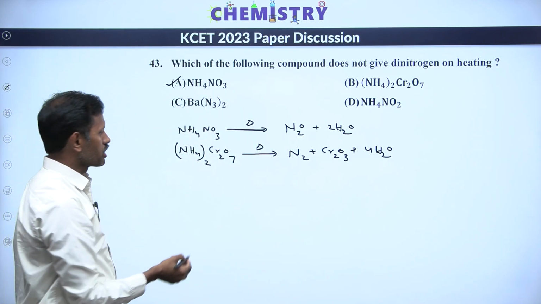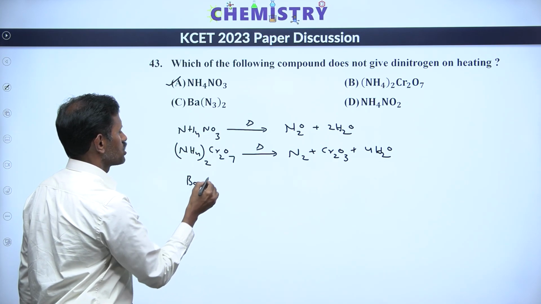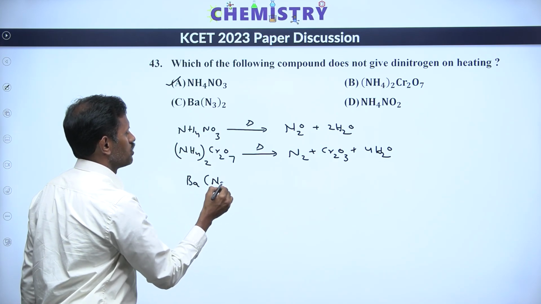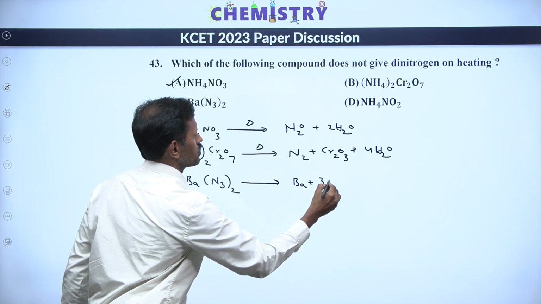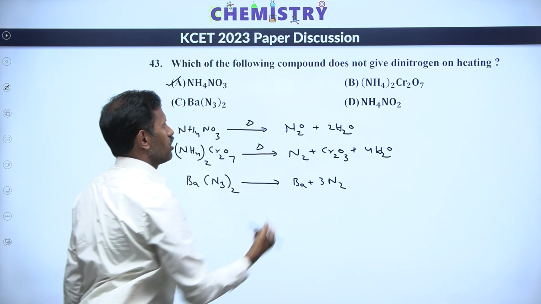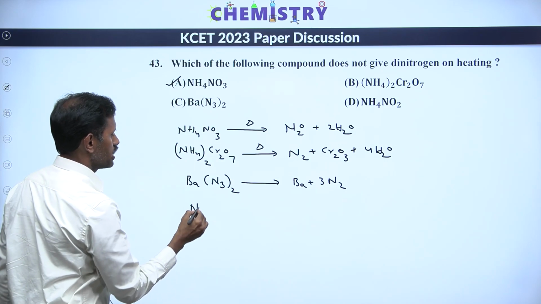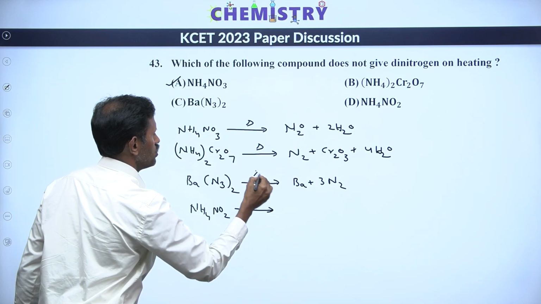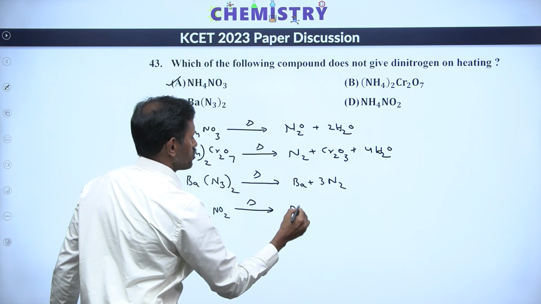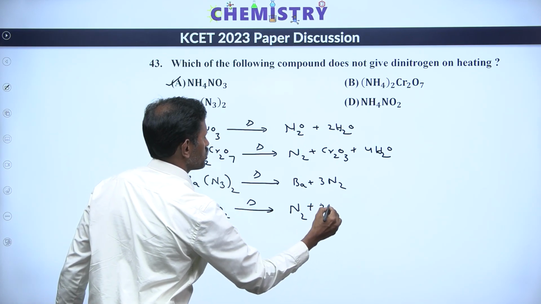Next, heating of barium azide gives barium metal plus 3N2. And heating of ammonium nitrite, NH4NO2, produces N2 gas plus 2H2O.